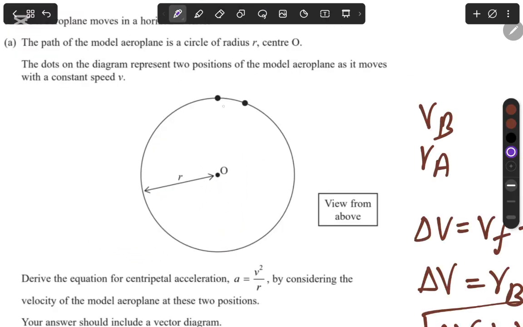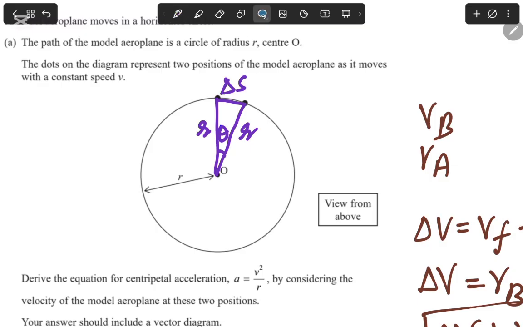Now I want to look back at the diagram. So we've got our triangle over here, theta. This is going to be R, this is going to be R, and this is going to be delta S. Instead of calling it theta, let's call it delta theta. I think that would be better.